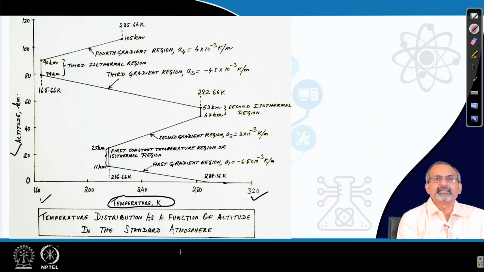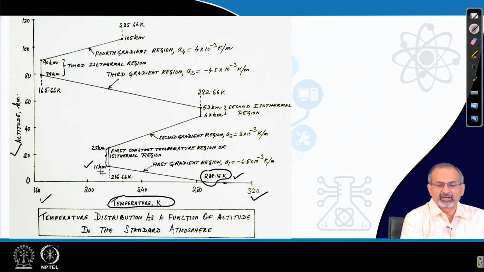So, you have a zigzag pattern of the temperature, as you can see, through the height of 100 kilometers. If you imagine that the temperature on the Earth's surface is about 288.16 Kelvin, then with gain of altitude, when you reach 11 kilometers, the temperature reduces to 216.66 Kelvin.